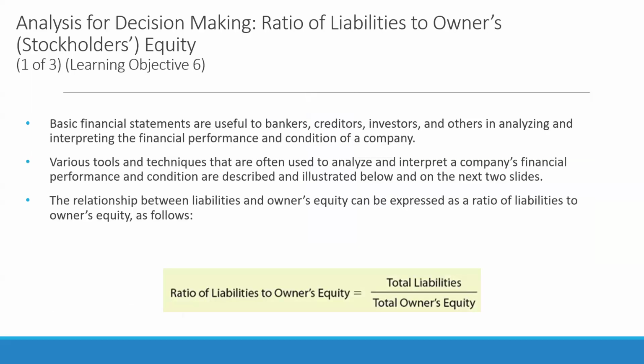So for the ratios, the ratio that we're going to talk about today is the liabilities to owner's equity. So you just take total liabilities and divide it by owner's equity. That's how you get that ratio.